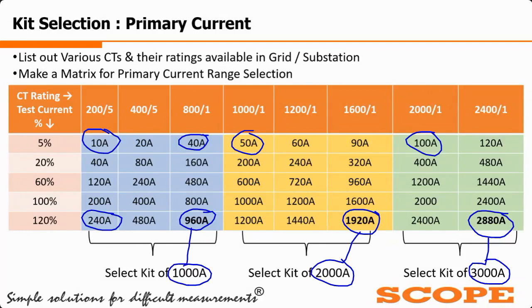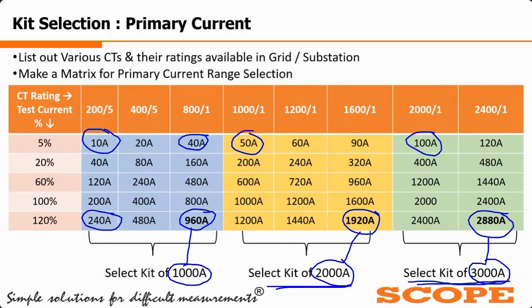If your CT rating is above 800, that is 1000 ampere and above, up to 1600 ampere CT, in the range 1000 to 1600, you have to go for a 2000 ampere primary current injection test set.